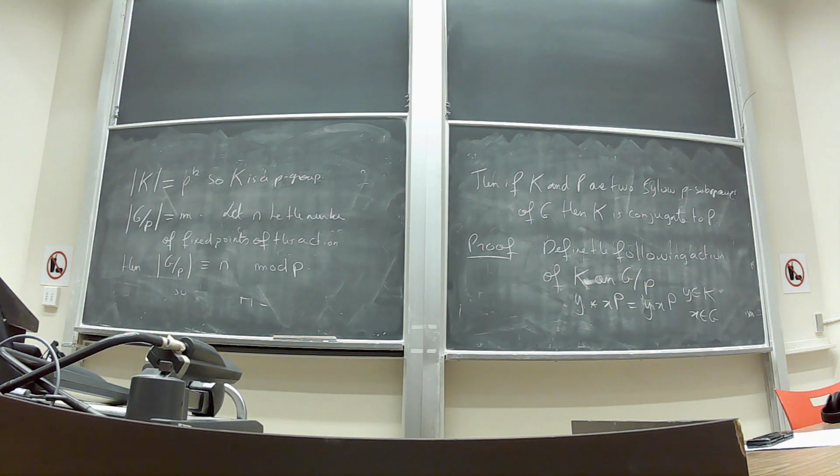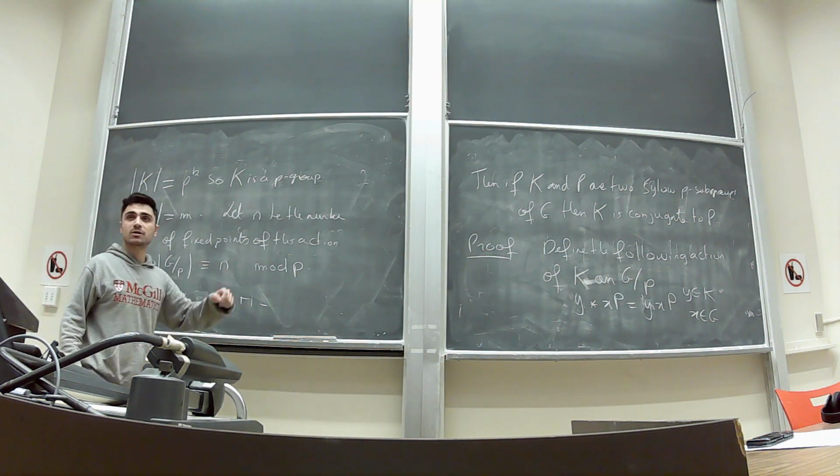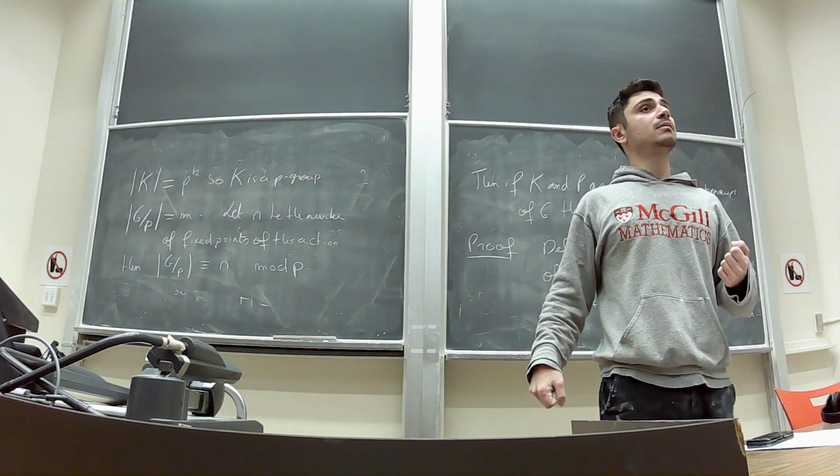Now, is G mod P congruent to 0 mod P or not? Is M divisible by P?